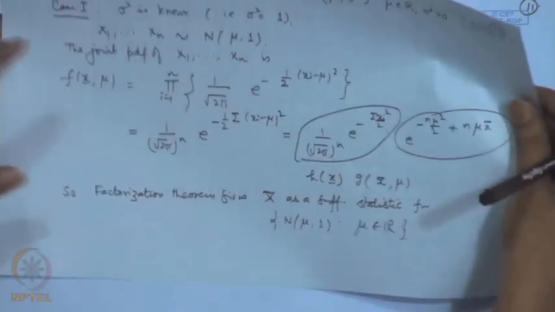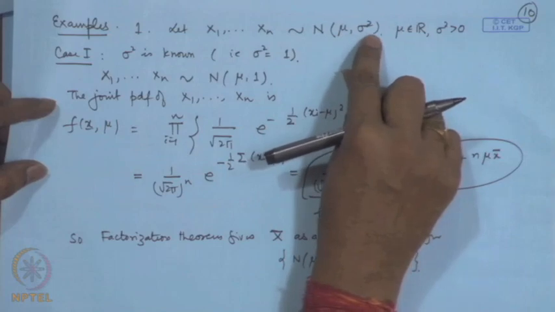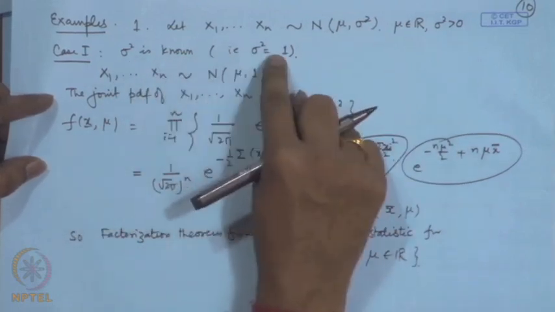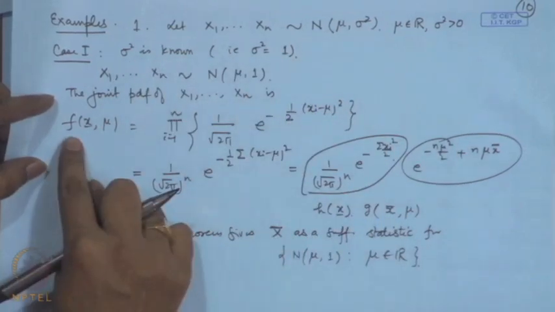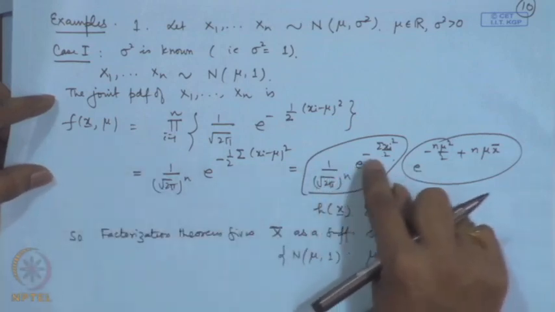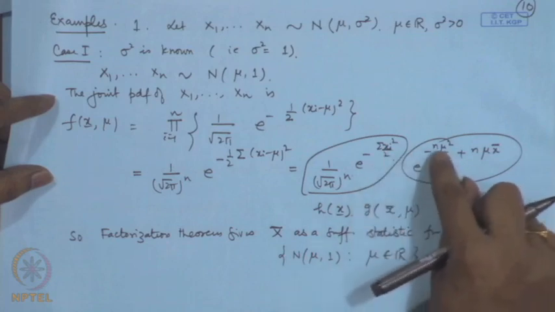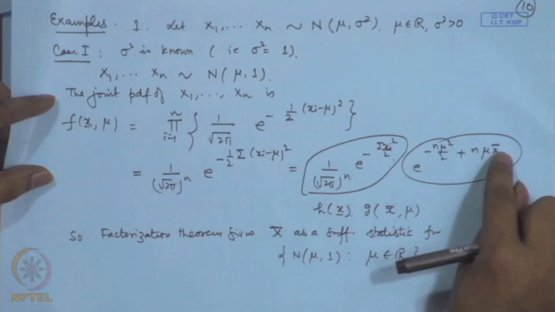Consider this case. X1, X2, ..., Xn is a random sample from normal(mu, sigma square), and sigma square is known. Now, in this case the joint distribution that we wrote was of the form (1 by root 2 pi) to the power n, e to the power minus sigma x i square by 2, e to the power minus n mu square plus n mu x bar.